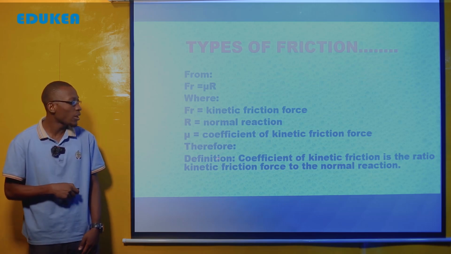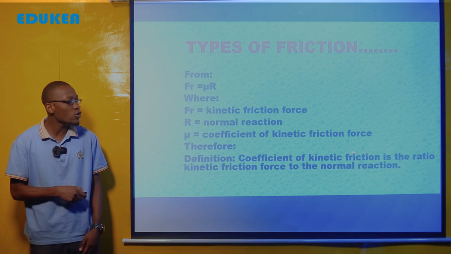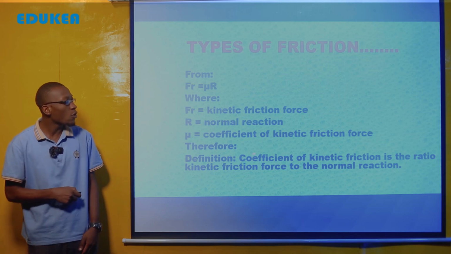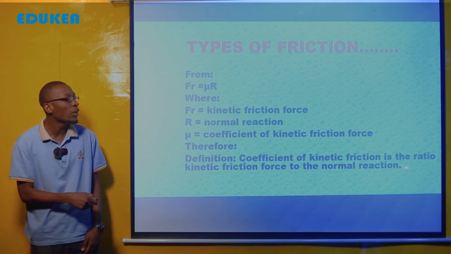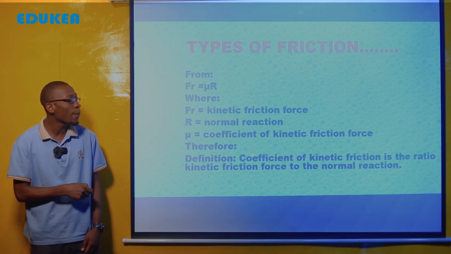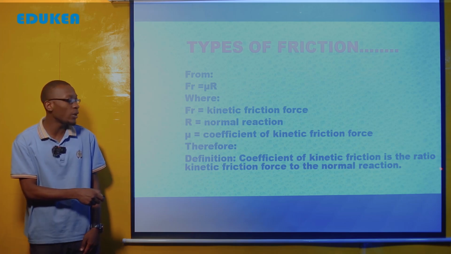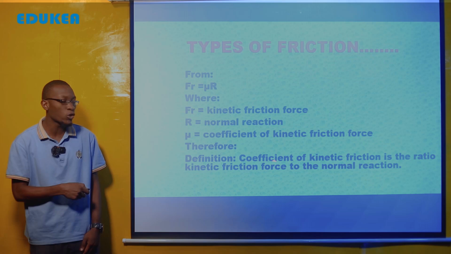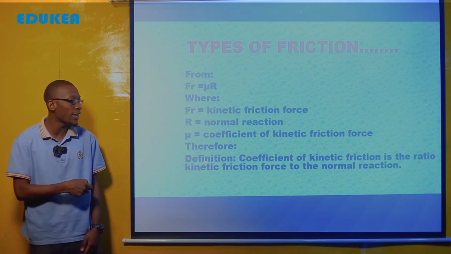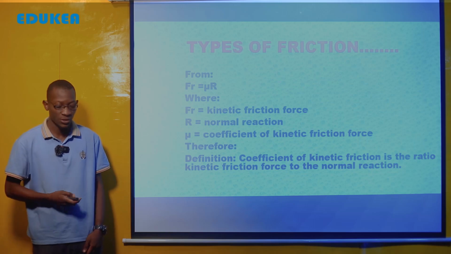Therefore, by definition, the coefficient of kinetic friction is the ratio of kinetic frictional force to the normal reaction, ule mgawanyo wa kinetic frictional force, frictional force due to the motion, to the normal reaction.